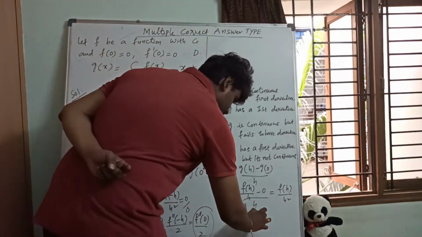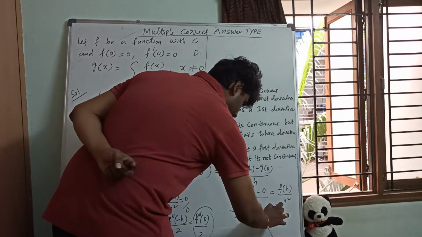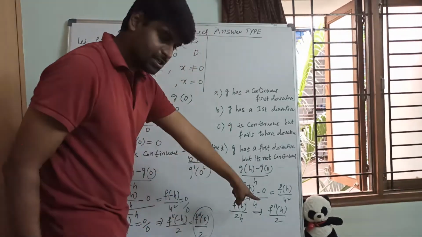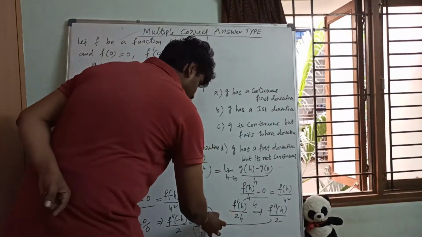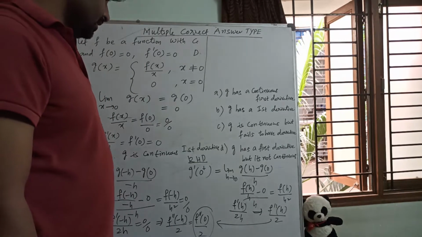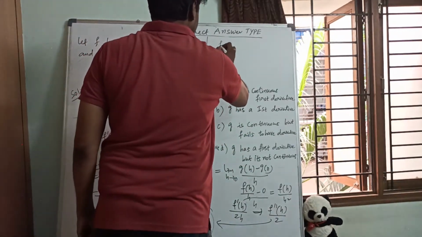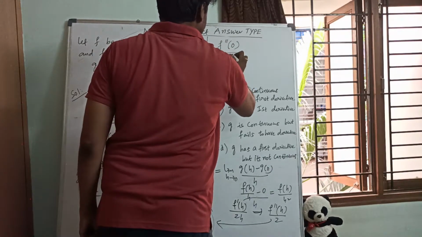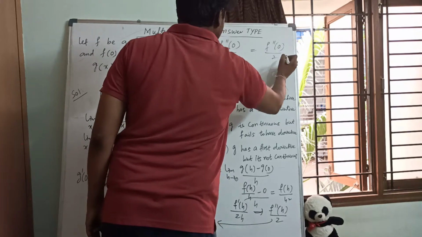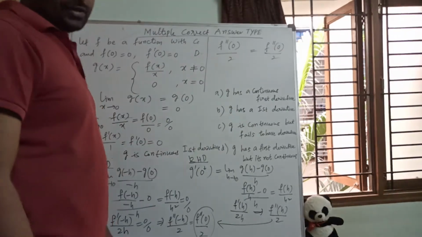Again we'll differentiate, f double dash of h by 2. Now when you substitute 0, that will be the same, f double dash of 0 by 2. Clear? So in both cases we got f double dash of 0 by 2, LHD, RHD also f double dash of 0 by 2. So it is differentiable also.